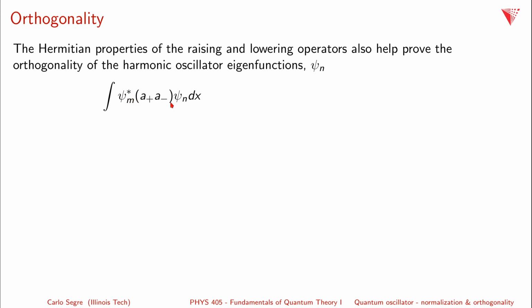We are now applying the A minus first to psi n, and that gives us the square root of n, and it gives us psi of n minus 1. Then we apply the A plus to psi n minus 1, and we raise it back up to psi n. So now we get psi n, but now we have another square root of n. So 2 square roots of n give me n.